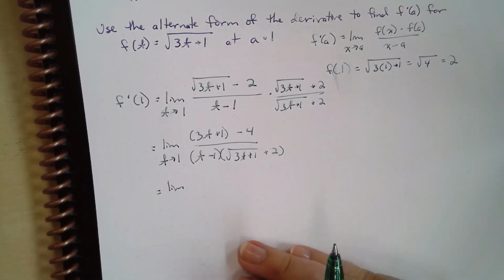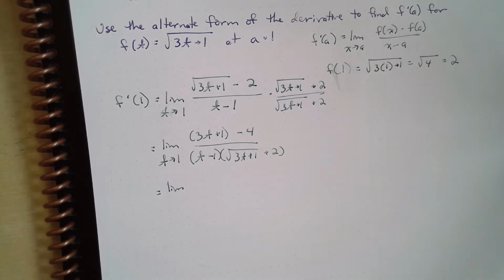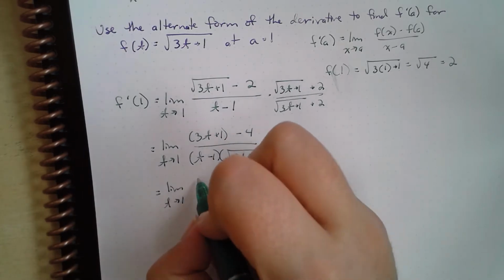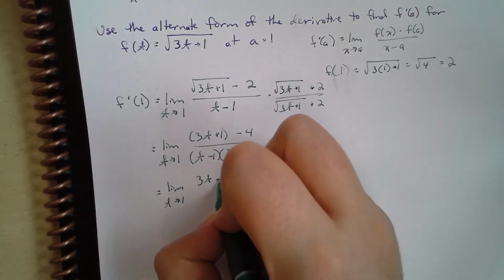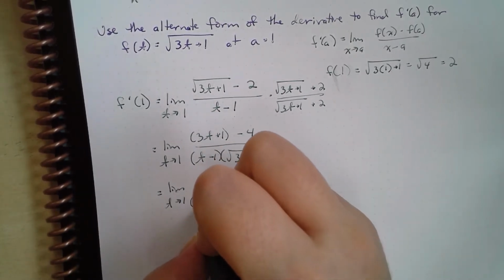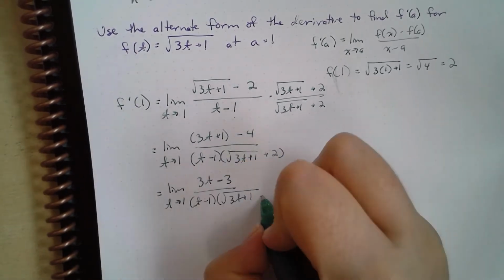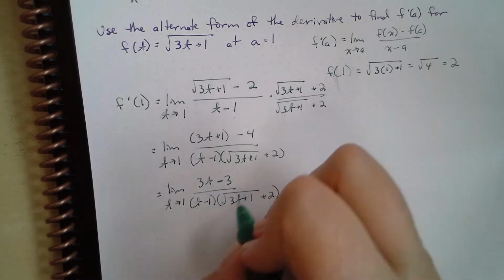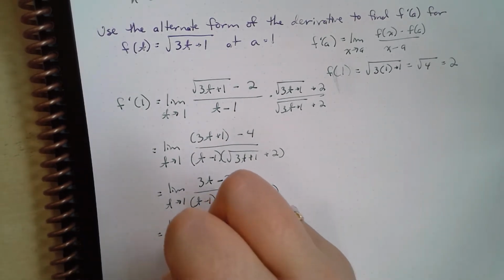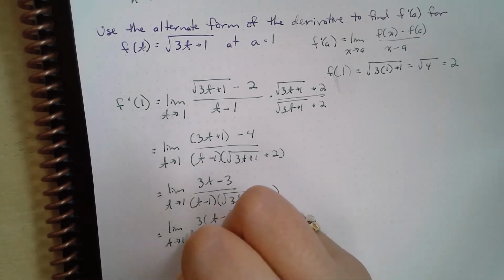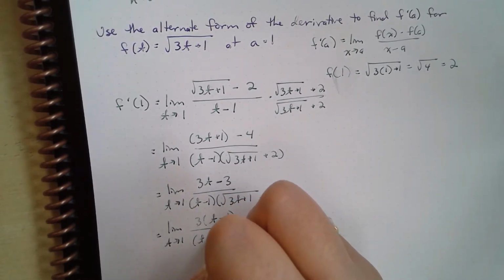Hopefully you can still see here. The limit as t approaches 1 of 3t minus 3 over t minus 1 times the square root of 3t plus 1 plus 2. That's going to be our limit. It's t approaches 1 of 3 times (t minus 1). Looks like we're going to get something to cancel out here.